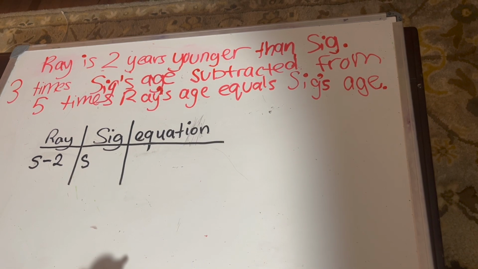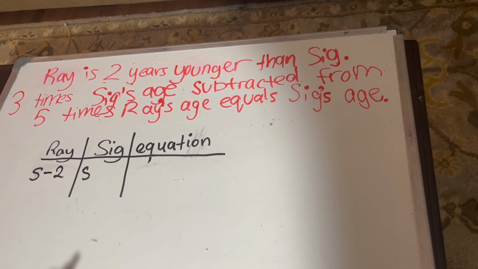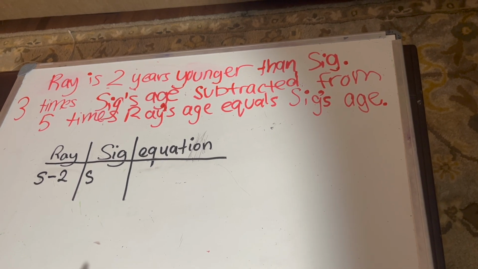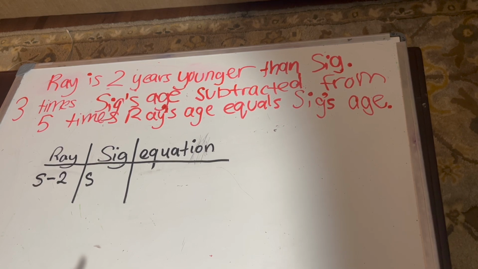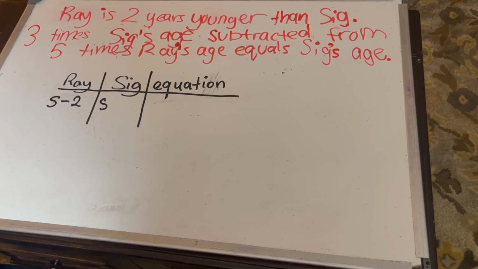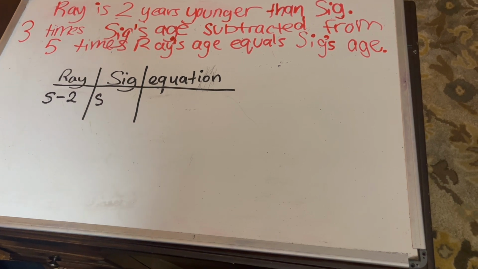Now, for our second part, we know that 3 times Sig's age subtracted from 5 times Ray's age equals Sig's age. Ray is 2 years younger than Sig. We got that part down.